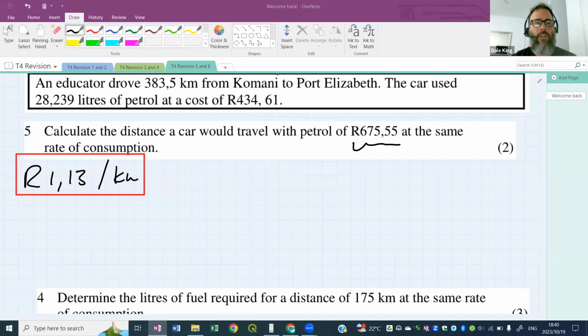All right, let's have a look. So we know that it costs 1 rand 13 for every kilometer, and they want to know how many kilometers with this much money. So I'm asking myself, how many 1 rand 13s do I have in here? Because each one of them is a kilometer.